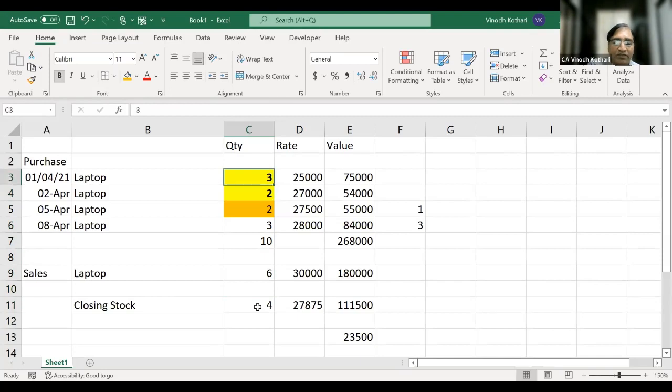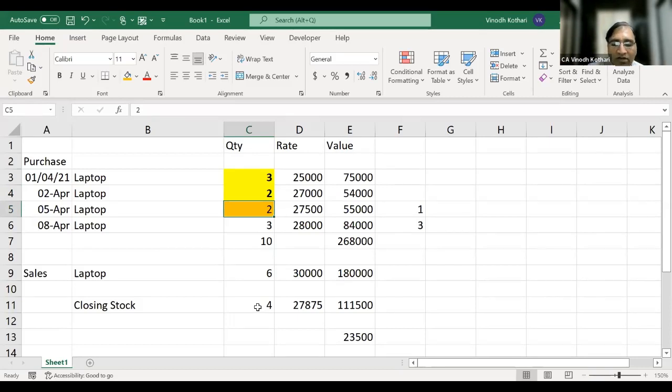First in, first out method means we assume that whatever stock is sold comes from the earliest purchases. What is my first purchase? 3. So 6 minus 3 is 3, balance 3. The balance 3 is sold from my second purchase of 2. Again 3 minus 2, 1 stock is left, and that 1 is sold from my third purchase.